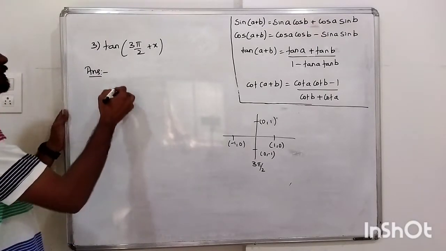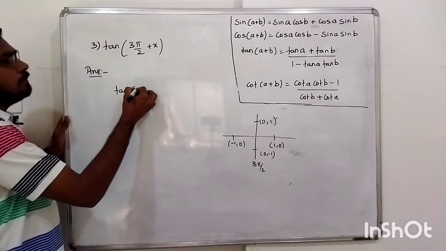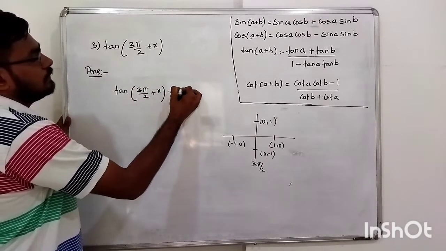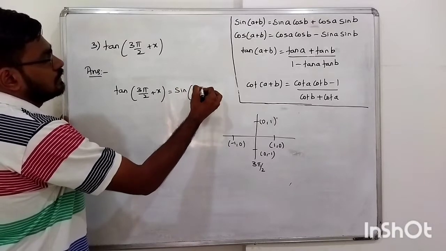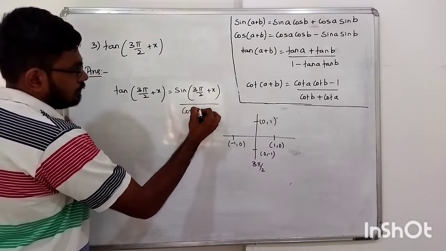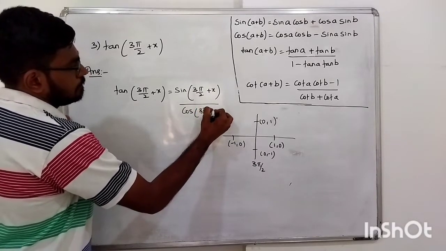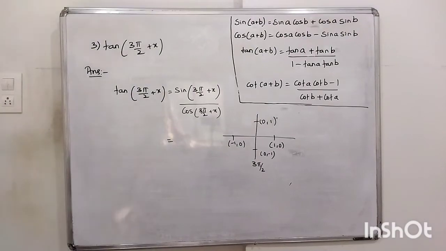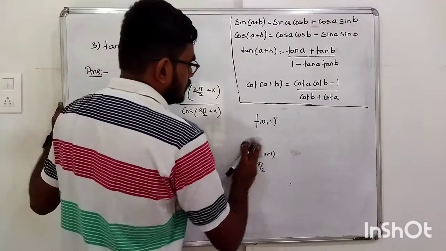Here we have to use, we can write this as sine upon cos. Tan of 3 pi by 2 plus x is sine of 3 pi by 2 plus x upon cos of 3 pi by 2 plus x. This formula you can use, and we can solve separately for both.